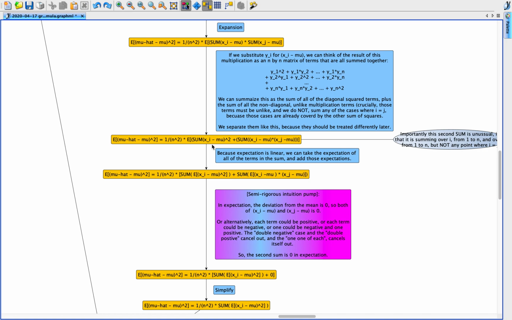So we have the sum of yi squared from y1 to yn. So that's y1 squared, y2 squared, y3 squared, y4 squared, all the way down to yn squared. But we're converting that back into xi minus mu, and so we have the sum of xi minus mu squared from 1 to n. In fact, just to clarify, I'm going to add some parentheses here.